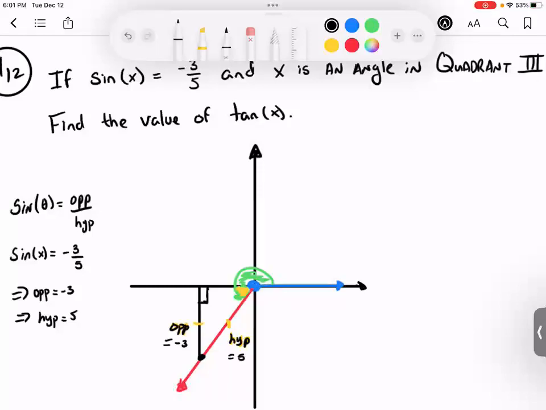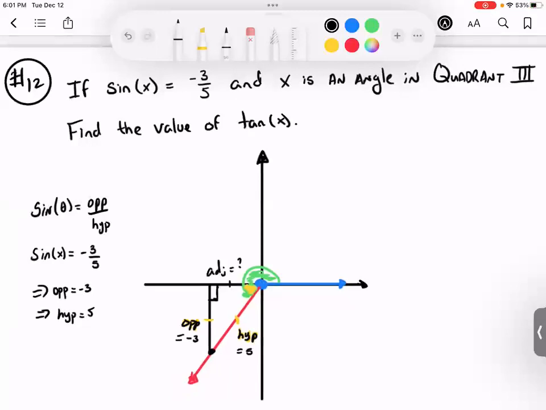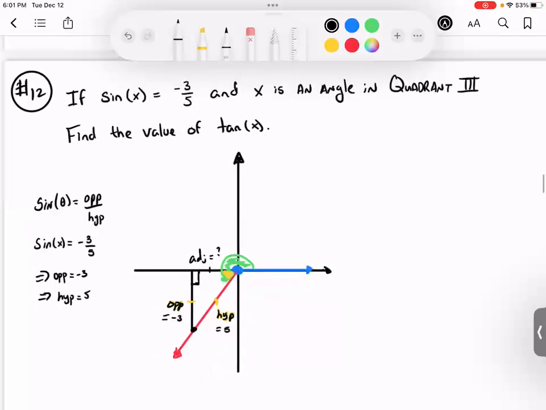So the missing side is the adjacent, but we can always figure out what the adjacent side is by using the Pythagorean theorem, right? So the Pythagorean theorem states opposite squared plus adjacent squared is equal to the hypotenuse squared. The opposite is -3. So you have -3 squared plus adjacent squared, which I need to find, is equal to the hypotenuse squared.